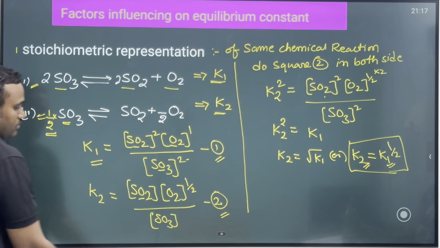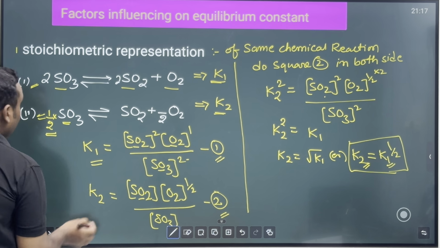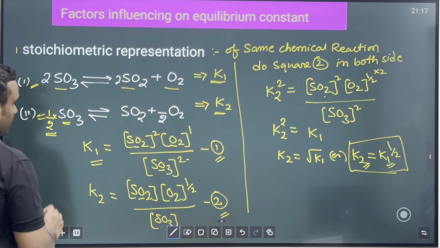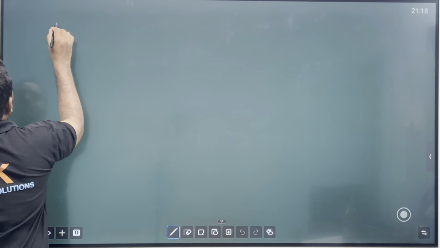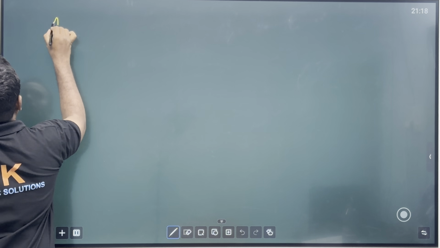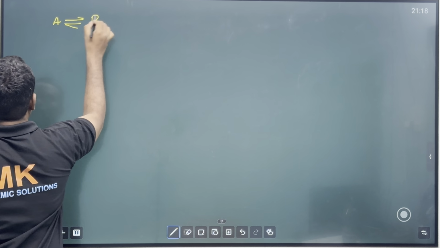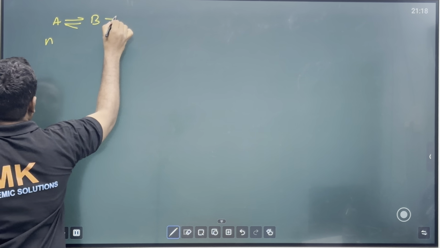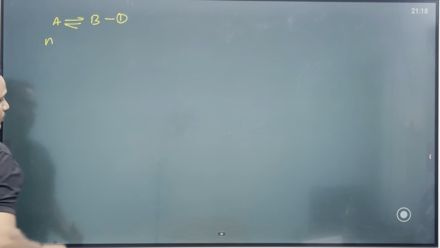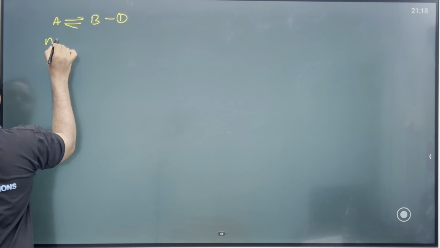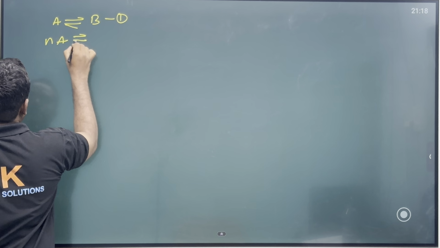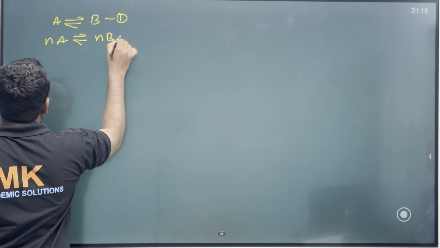Now how can we write this in general? Say for example A gives rise to B, and equation number 1 I am going to multiply with n. So n moles of A gives rise to n moles of B. Consider it as equation number 2.